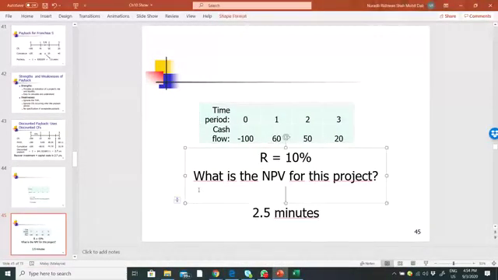If you are using table, first you have to discount.